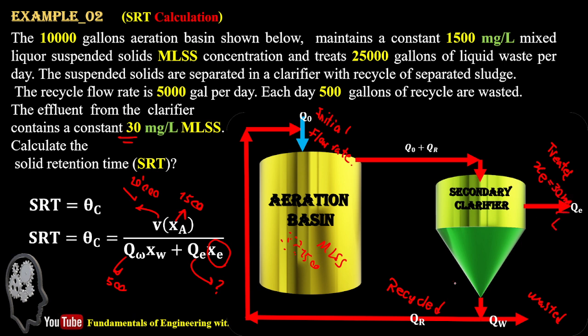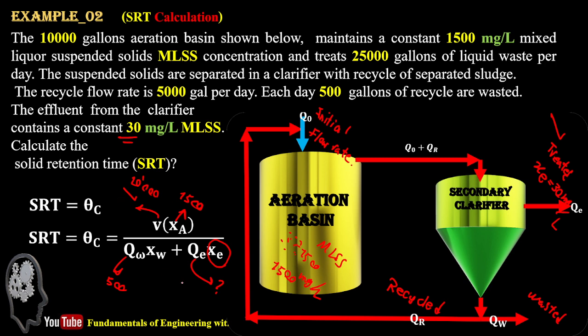If you compare this to the concentration of the initial biomass, which is 1500 milligram per liter, you can see how the biomass is reduced after treatment. That's from 1500 to a biomass of 30 milligram. That's treated wastewater, and that's a good point.